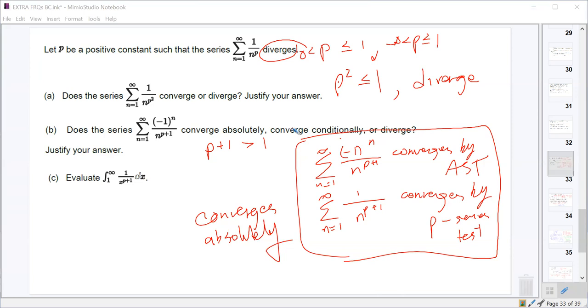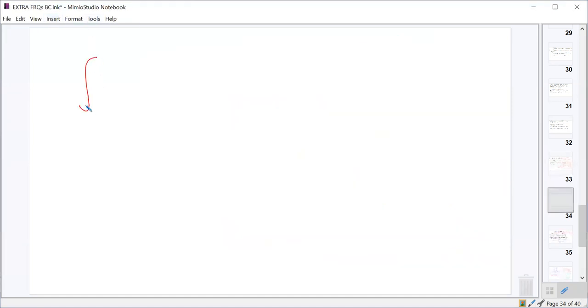All right. And then we want to evaluate the integral from 1 to infinity of 1 over x to the p plus 1. I'm going to write this over here.